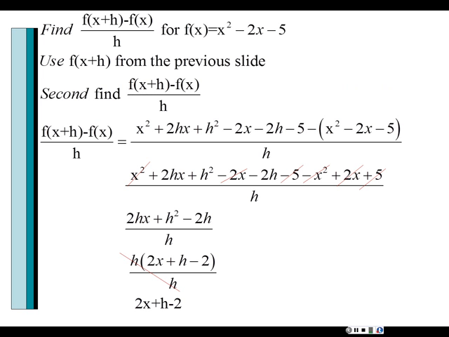Most of the cases you'll be able to take a common factor. We just took the common factor so that we can cancel out the h in the numerator and denominator. But here we did not have to do it because it was so simple. We don't have to take common factors because there is only one term in the numerator, right?